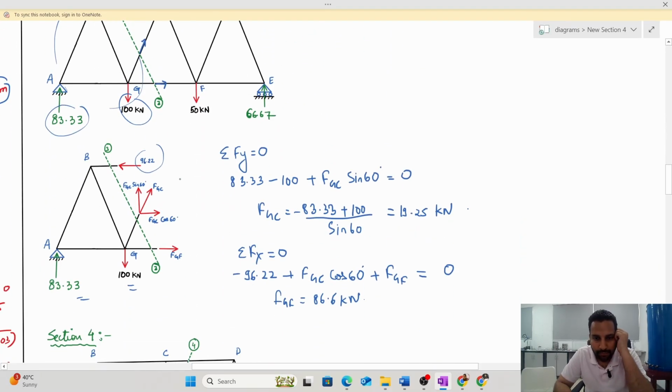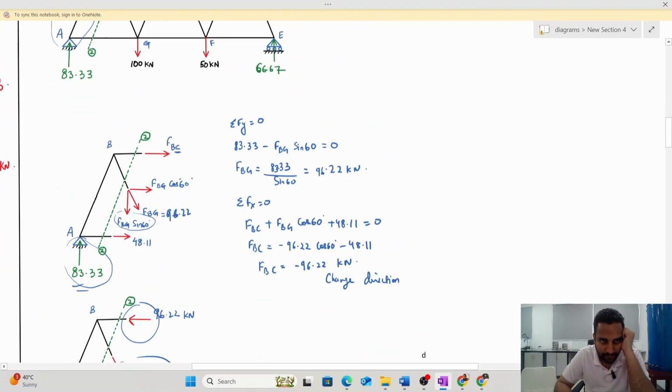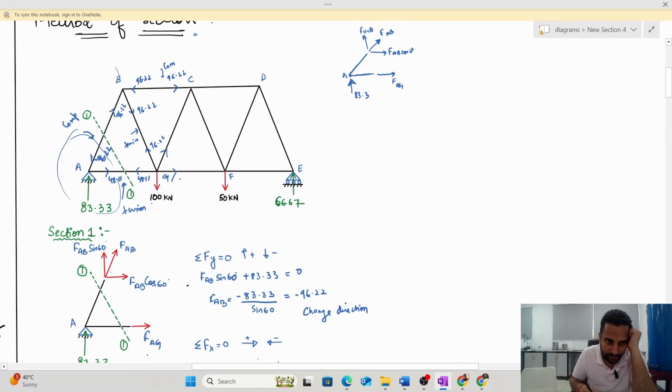Yeah, 19.25 FGC and 86.6. So this is 86.6 and this is 19.25. So this would be 19.25 and this would be 86.6. So this is under tension, this is also under tension.